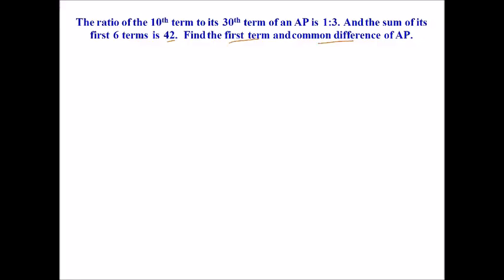We know that the nth term of an AP is an = a + (n - 1)d. Hence, a10 = a + (10 - 1)d, that implies a + 9d.